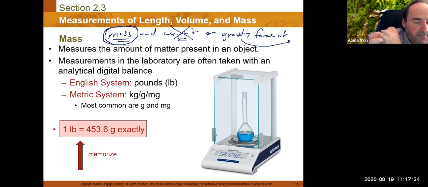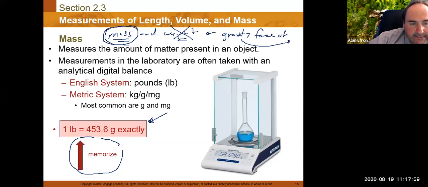Some common units in the English system and the metric system: pounds we use a lot here in the English system. Kilograms, grams, and milligrams are very common. Even at the doctor's office, they oftentimes will weigh you in kilograms rather than pounds. So that's a very common conversion. Another conversion you should know and memorize is this one, which you use a lot throughout chemistry: 1 pound is 453.6 grams exactly.